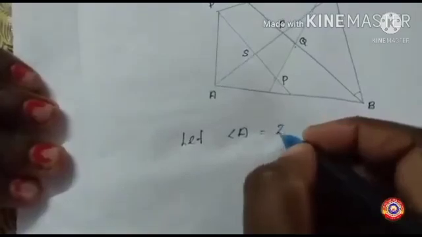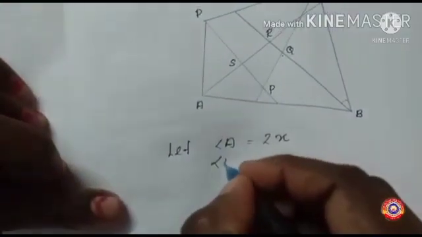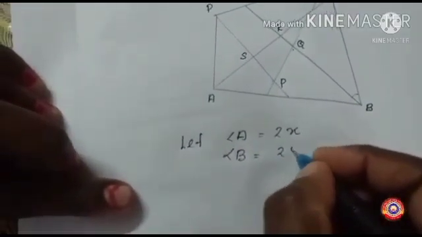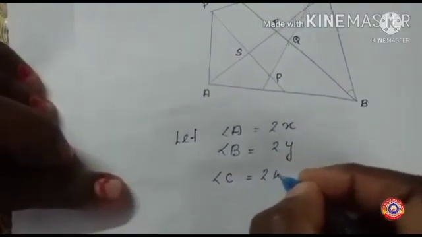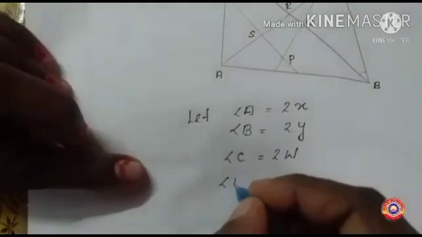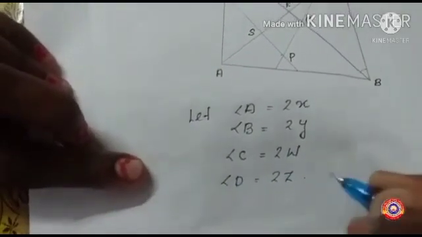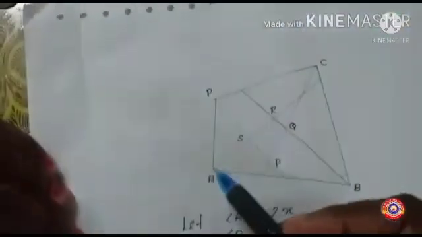Let angle A equal 2x, angle B equal 2y, angle C equal 2w, and angle D equal 2z.